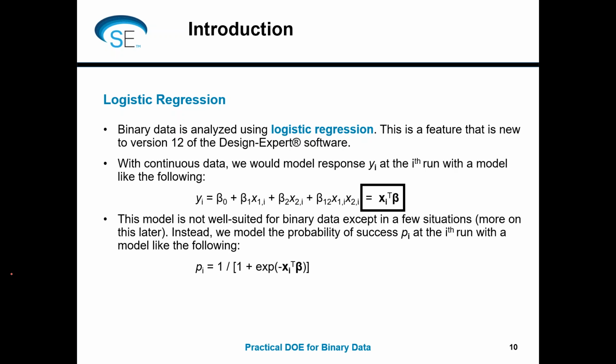Up to this point, if you've only looked at continuous data, you've probably used the tool called ordinary least squares, as I mentioned at the beginning, to analyze it. This tool is not adequate for 0, 1 binary data. Typically, binary data would be analyzed using a tool called logistic regression, and this is a new feature in version 12 of the Design Expert software.